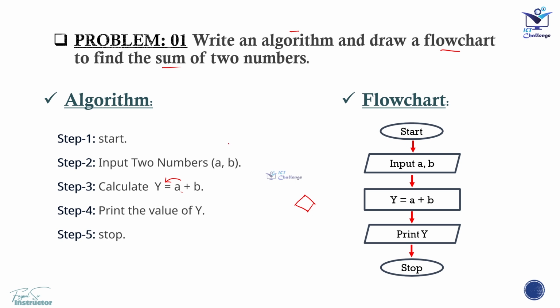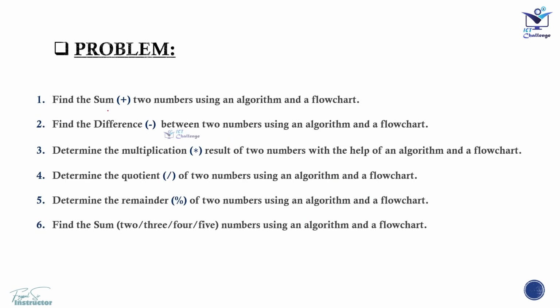Okay, now we have a similar problem here, to find the sum. Our problem number 2: find the difference between two numbers using an algorithm. That means here we have to subtract those values. Determine the multiplication result of two numbers with the help of an algorithm and flowchart. That means here we have to multiply, here we have to subtract.